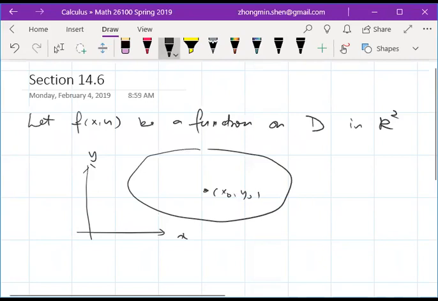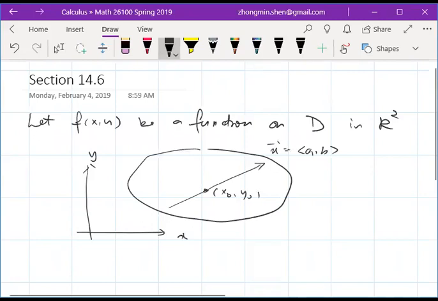So you can take an arbitrary direction. This is a vector, and this is a straight line. In that direction, the vector, let's use the notation u, is going to be (a, b) as components.